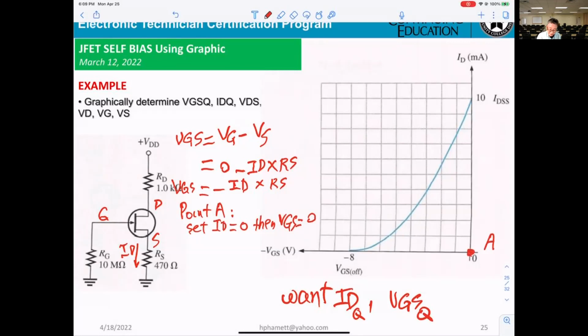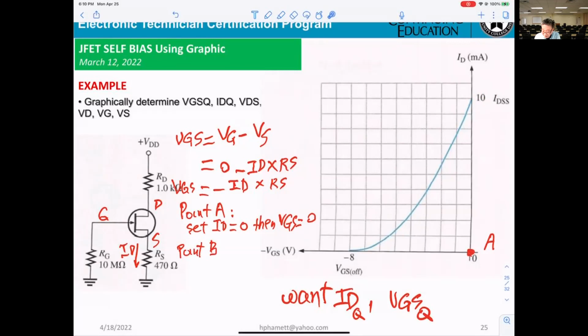Okay, and we need the second point, point B. At point B, you can select ID equal to any value between 0 and 10 milliamp.